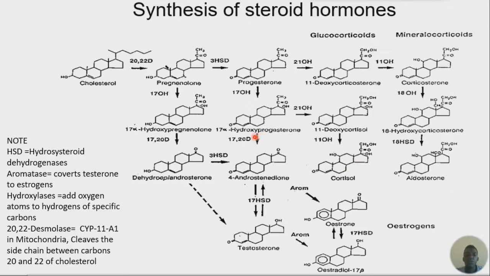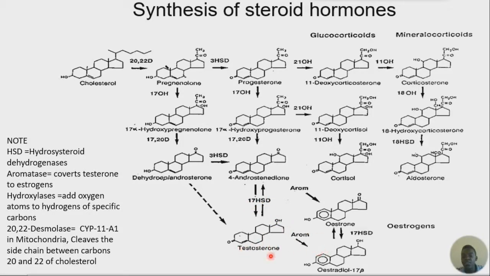Now, if you want to form something like testosterone from progesterone, use 17 hydroxylase, then a desmolase, which is 17-20, to cleave off this side chain, and you will form androstenedione, and finally you'll get 17 hydroxysteroid dehydrogenase to form testosterone.